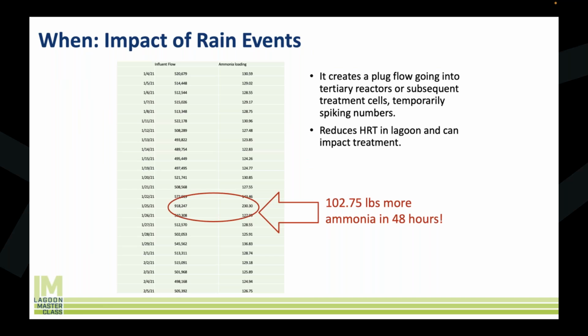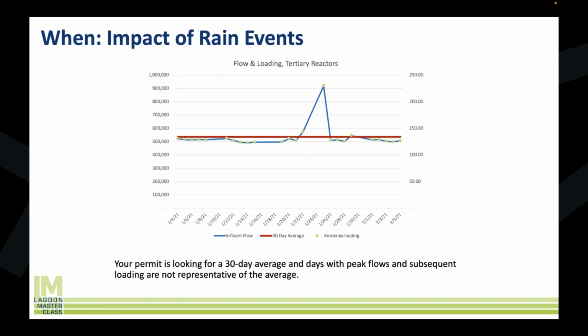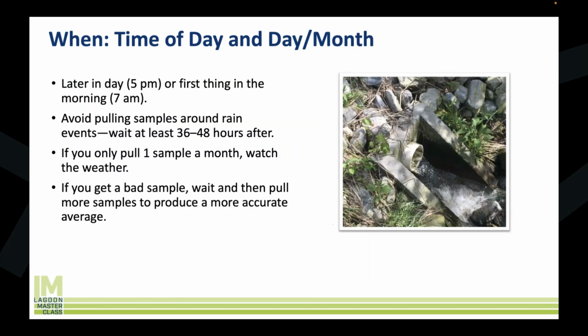And because of that, you'll see this instantaneous load. That instantaneous load is going to mean that your effluent actually gets worse for a certain window as a result. So I generally tend to recommend that you avoid pulling samples around rain events.